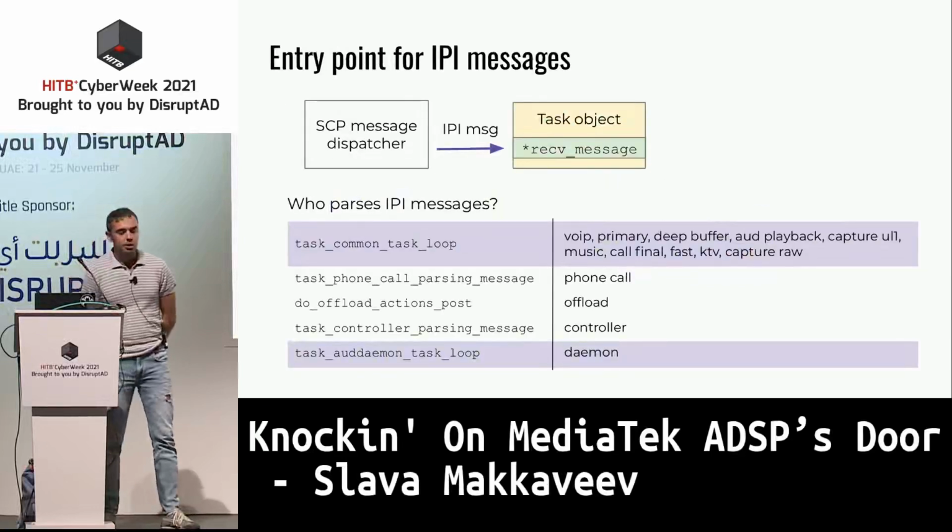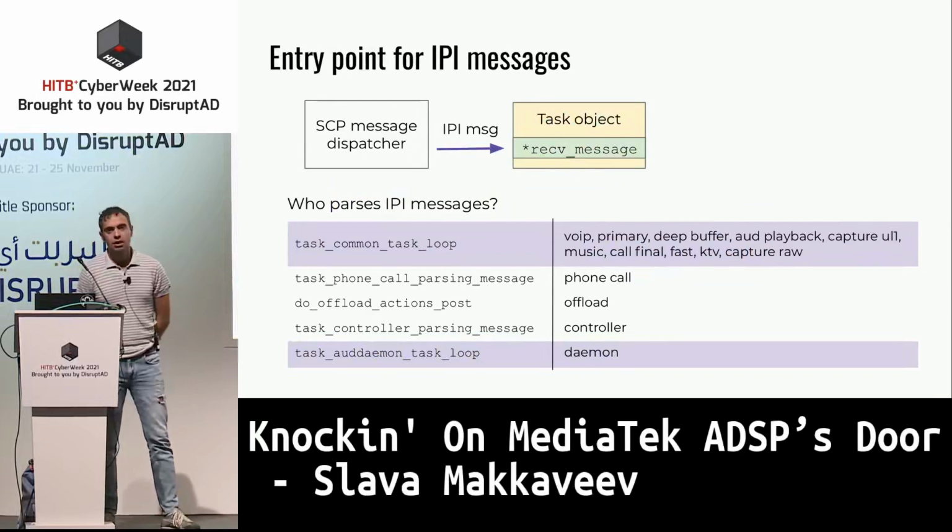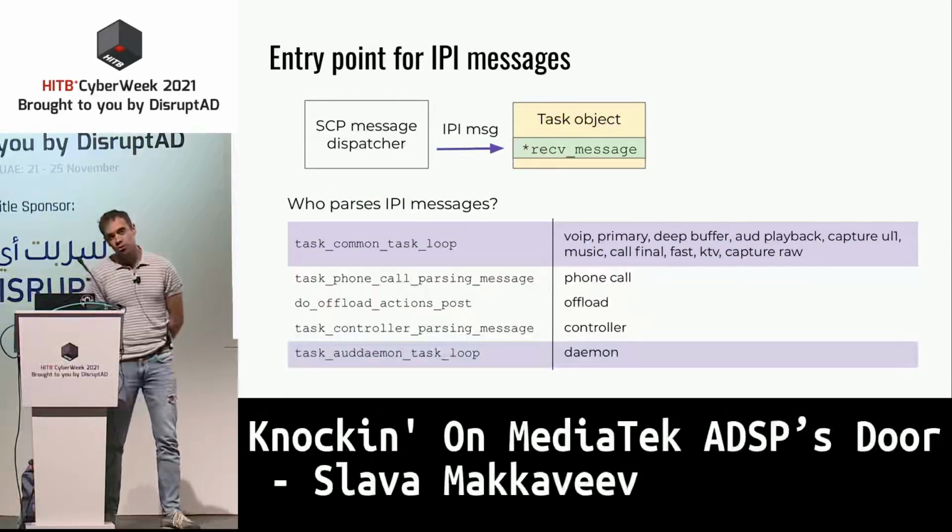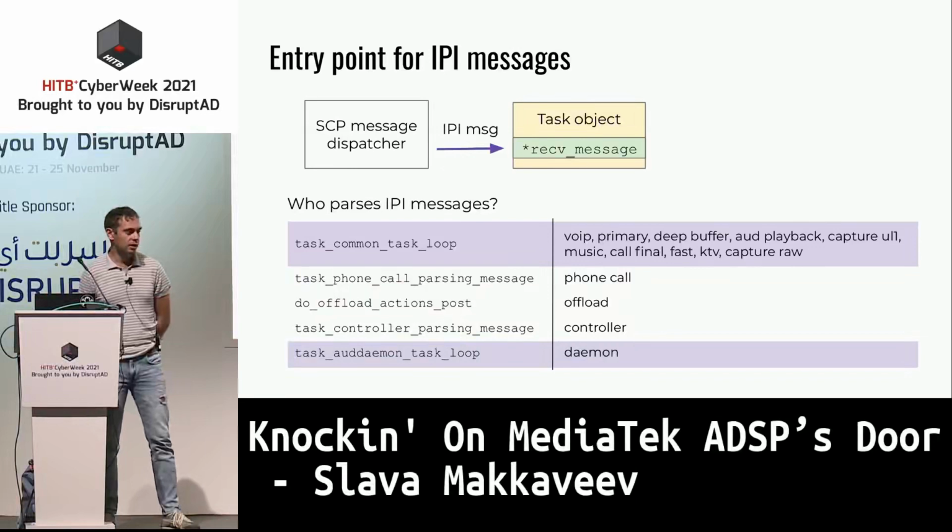The Audio IPI Linux driver does not communicate with the Audio DSP processor directly. Instead, it forwards audio IPI messages from the Android user space to the system control processor, adding these messages to the SCP, system control processor, queue. And the Audio DSP operating system registers an SCP message dispatcher to get these messages.